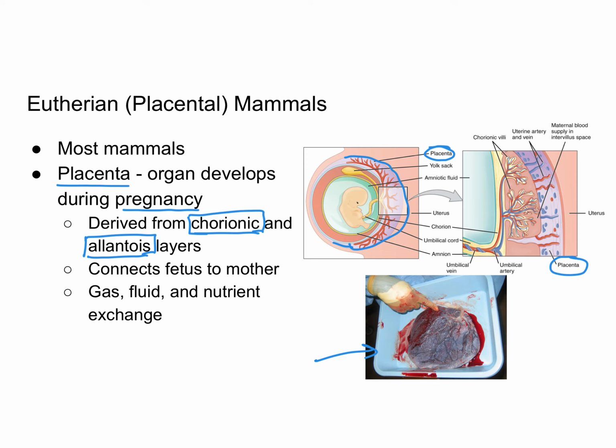When the fetus produces waste products, it transports them to the placenta, which deposits them in the mother's circulatory system to be removed from the body. So it's involved in things like gas exchange, so oxygen and carbon dioxide, fluids like water, and also nutrients.